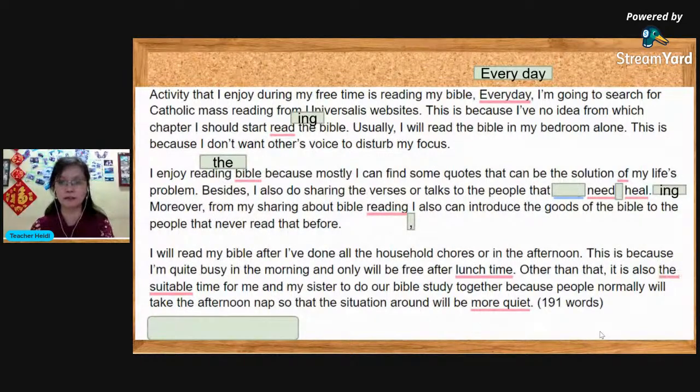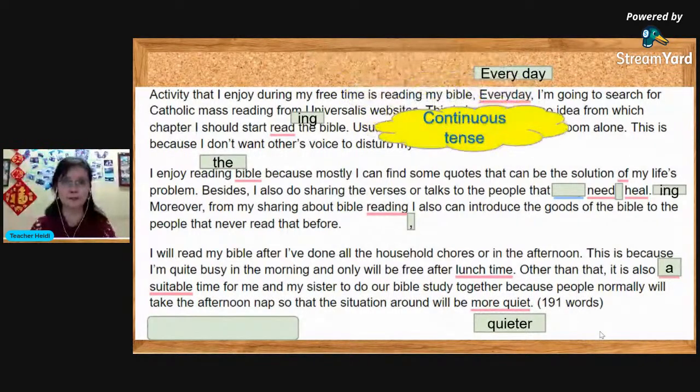Okay, not the suitable time for me and my sister to do our Bible study together because people normally will take the afternoon nap so that the situation around will be more quieter." All right, you can see that there are some wrong choice of words. Okay, but teacher is not going to focus on that today. Okay, teacher will focus on the common grammar mistakes.